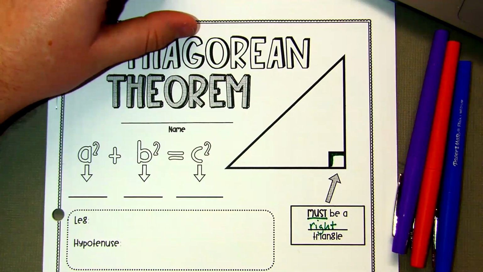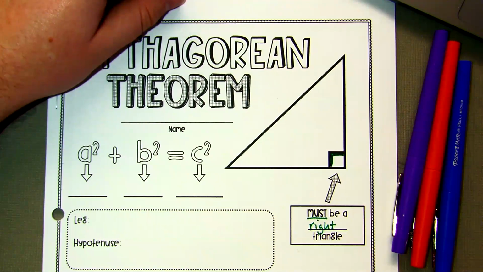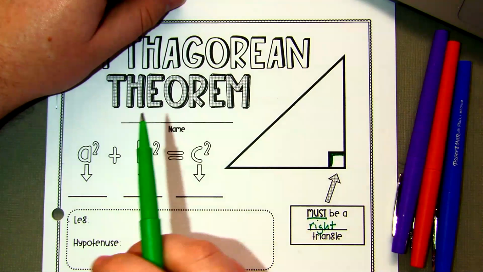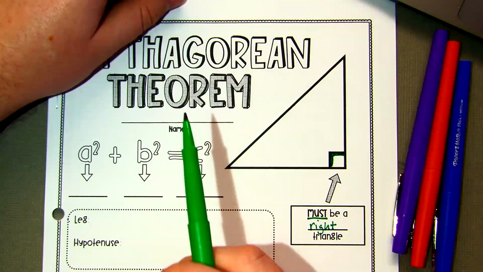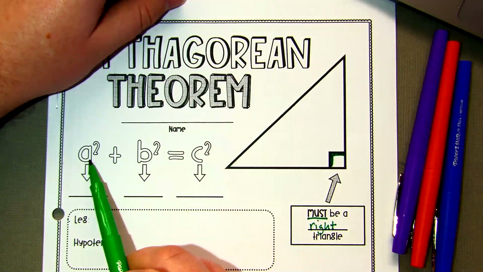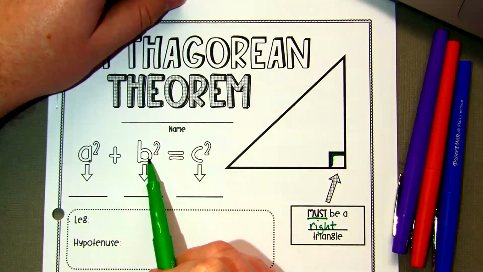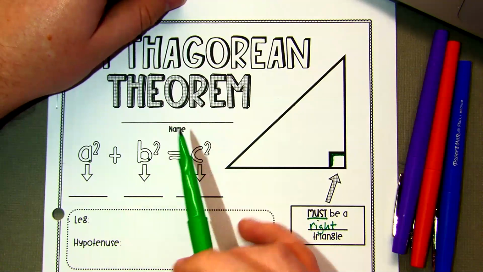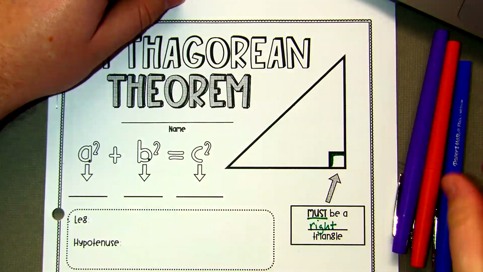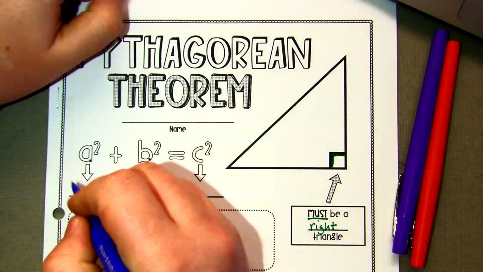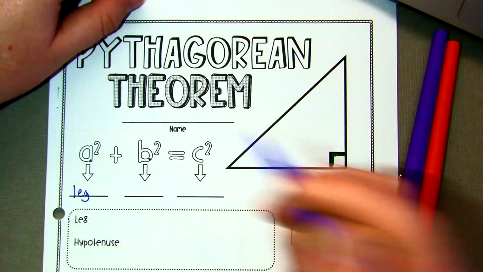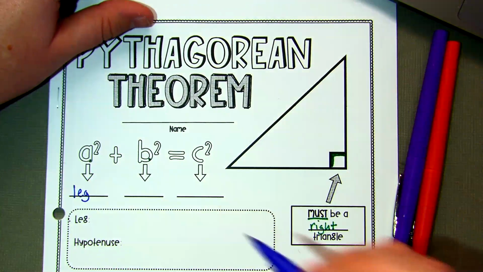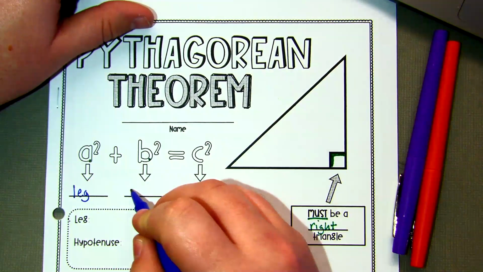Now let's analyze this formula over here. This is the most popular math formula there is. Everyone knows this one. A squared plus B squared equals C squared. A is what we're going to call a leg, and B is also a leg.